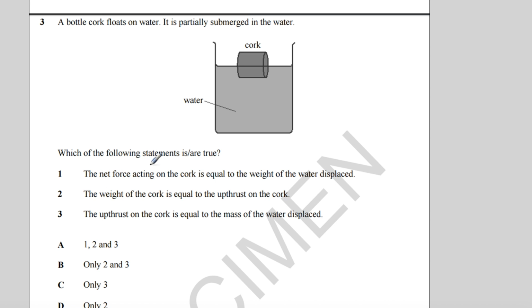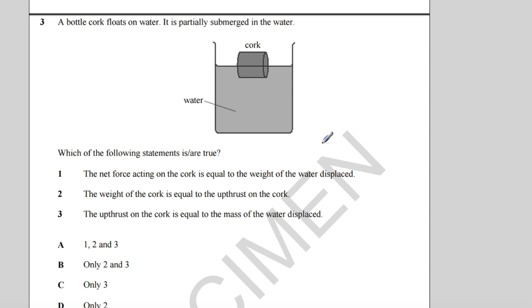Question 3 is about floating, and this one has got 3 options, 1, 2 and 3, and we need to say which ones are true. So let's check each statement and then decide which of these is going to be the case. So choice number 1 is that the net force acting on the cork is equal to the weight of the water displaced.